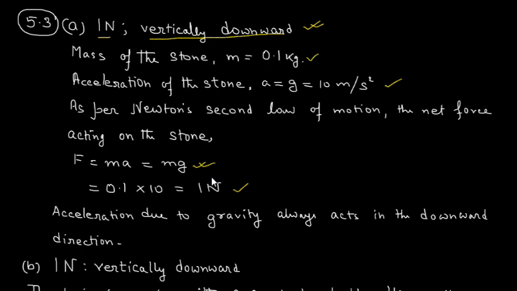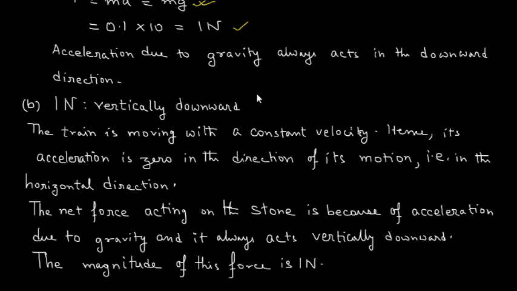Now the B part. Answer is again 1 Newton. Direction is vertically downward. How? Let us see. The train is moving with a constant velocity. It is given. Hence, its acceleration is 0.